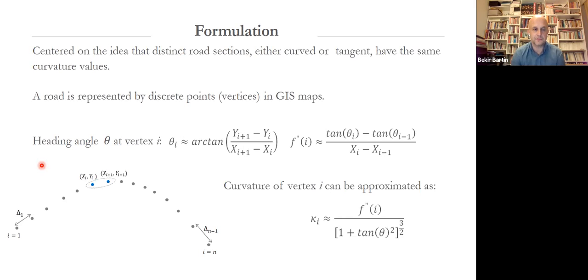The tangent of the heading angle can be easily calculated, and it gives you the approximated derivative at that point. You can also find the second order derivative approximation, and using the first order derivative and the second order derivative, you can find the curvature value. So this is obviously an approximation.